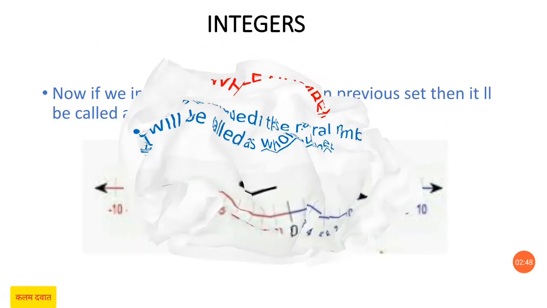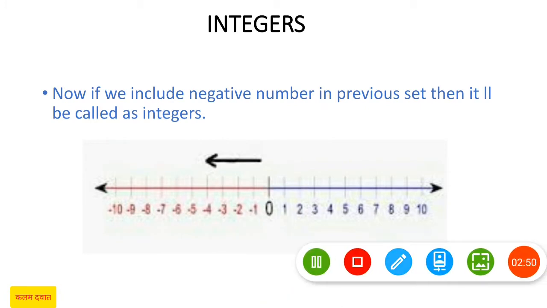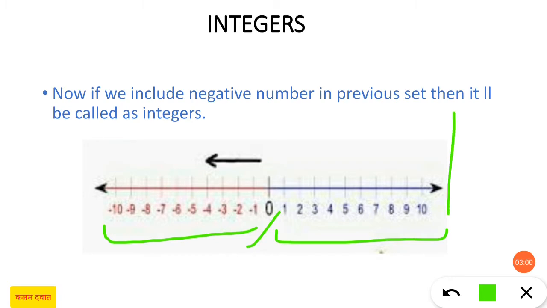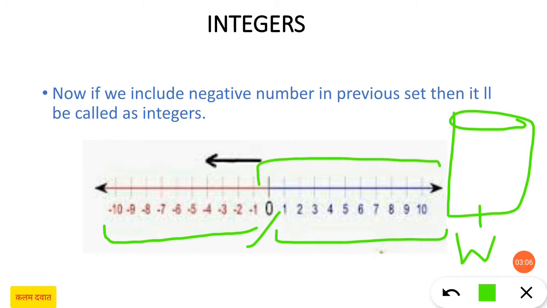Moving to the next one. Now see, on a number line we have 1, 2, 3 and so on, we have a 0. Now there are some negative numbers also. So in that particular box in which we already have whole numbers, suppose these negative numbers are also added to this box.